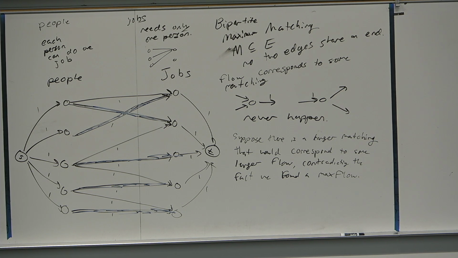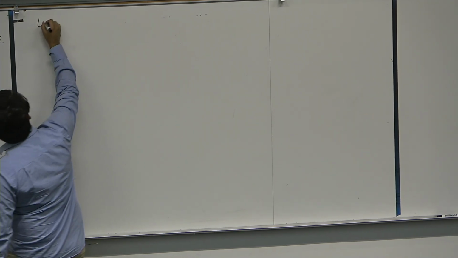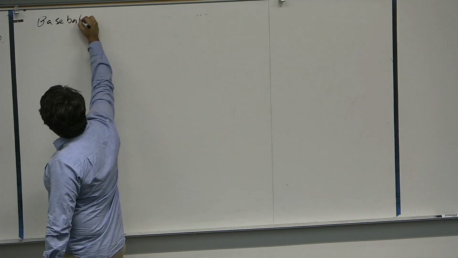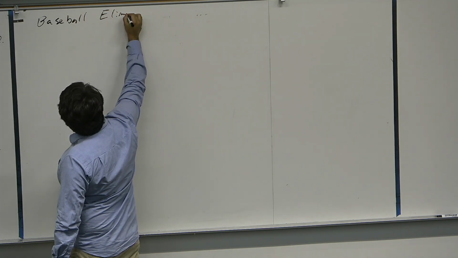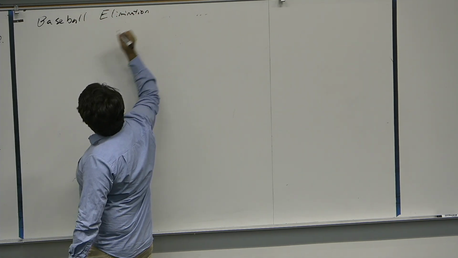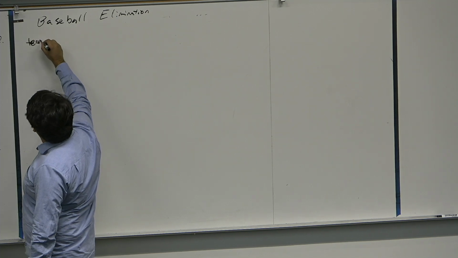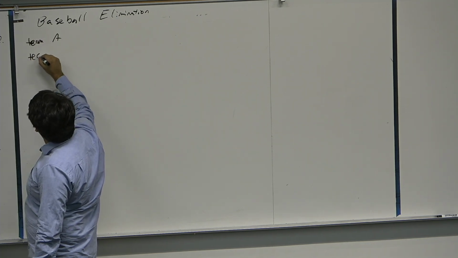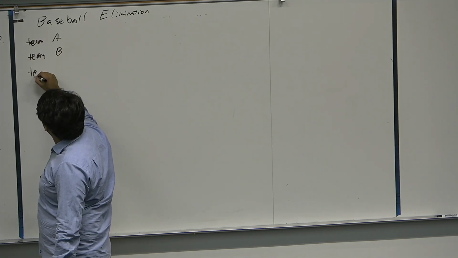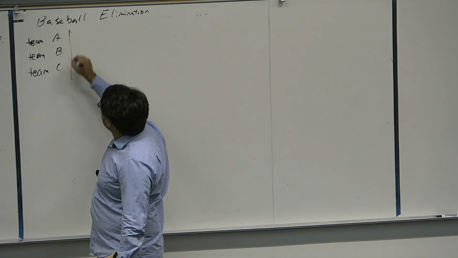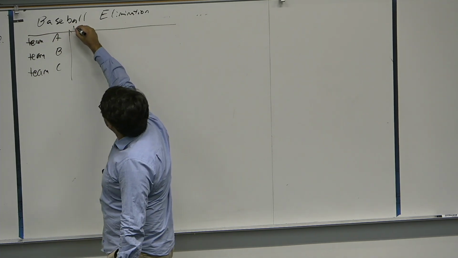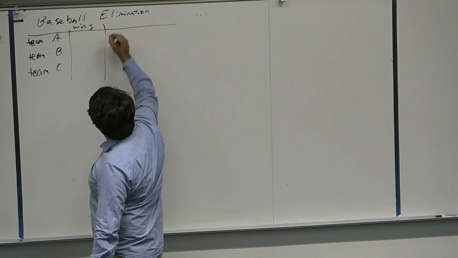But let me give you one I think is probably the most famous example. This is called baseball elimination. Suppose you have a bunch of teams with scores. You have a certain number of wins, and a certain number of remaining games to play.